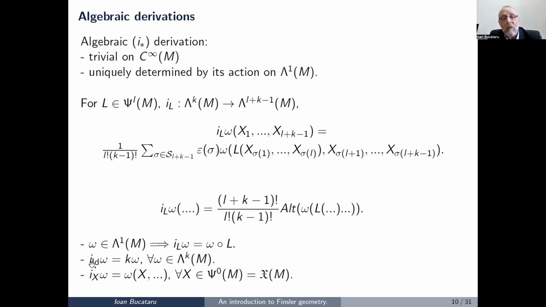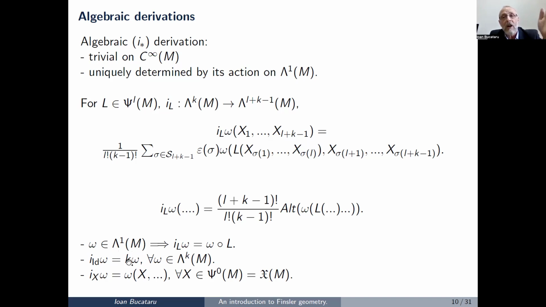Another important property: if I take this derivation with the identity viewed as a vector valued 1 form, what we get is this nice expression here. We just multiply omega. Identity is a 1 form. This derivation here is a derivation of degree 0.